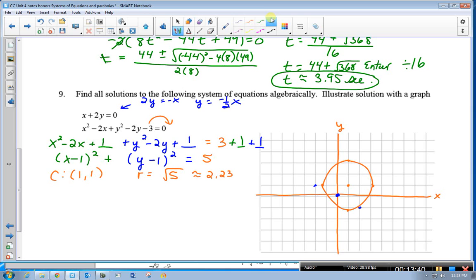Okay, so there's my two answers. Difficult to get on the graph.